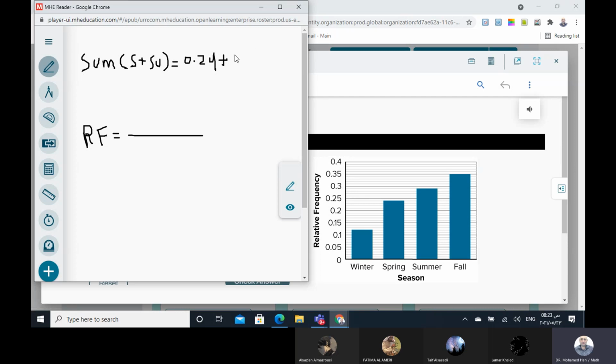So 0.29. Then we can add 0.24 plus 0.29. So the answer will be 0.53.